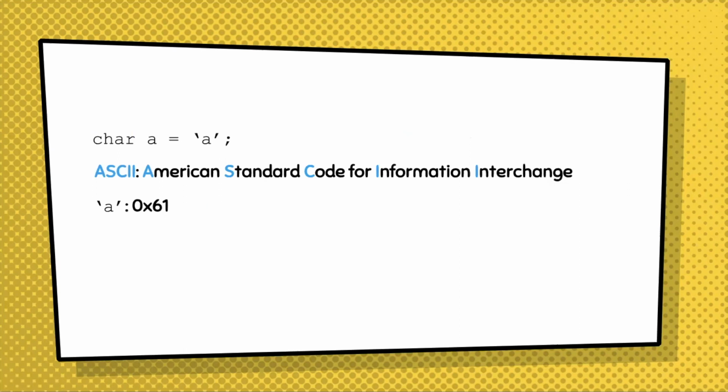We usually convert a char to an actual number, right? The way that we represent a character is through ASCII, which stands for American Standard Code for Information Interchange. So we convert a character to a byte.